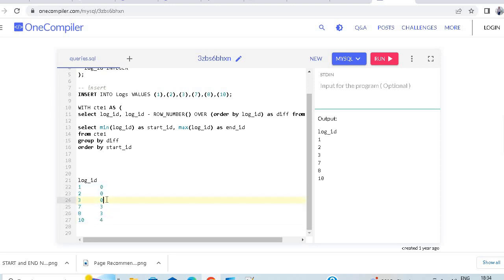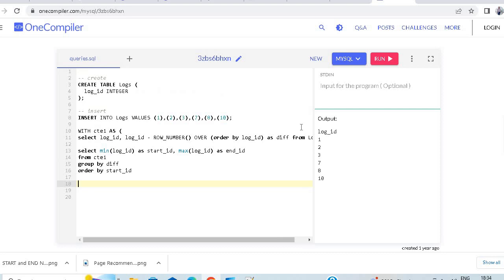What we are selecting is min log id, so min log id will be 1, and max log id will be 3, because we are grouping based on 0. So if you group based on 0, you will get this data set, and in this data set min will be 1 and max will be 3, and I am doing order by based on start id. So we will get the expected result.